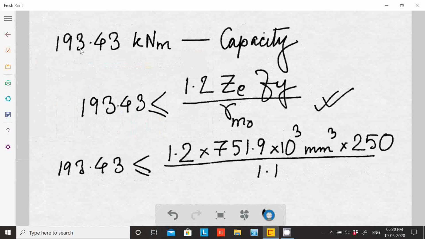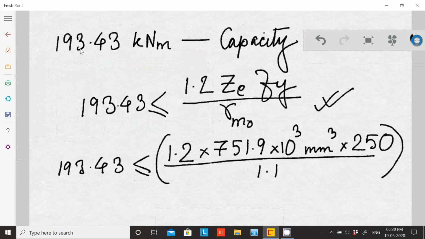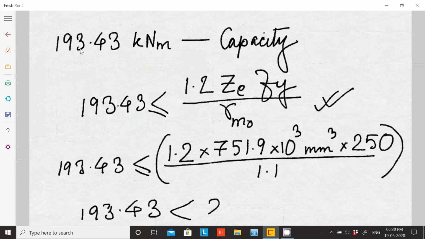Overall, this value on the right hand side, you keep it in kilonewton meter. So you will get ultimately 193.43 is less than 205 kilonewton meter.